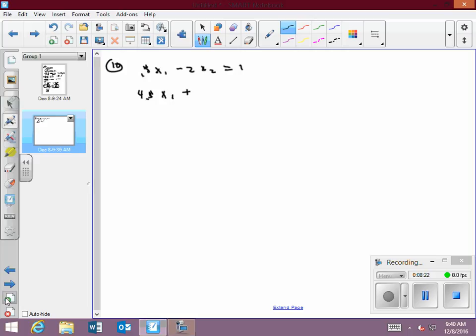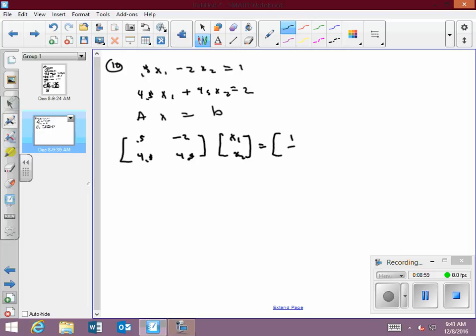So we have 4s x1 plus 4s x2 equals 2, and if we put it in the Ax equals b format, we have s, 4s, minus 2, and 4s. And then x. Then b is 1, 2.